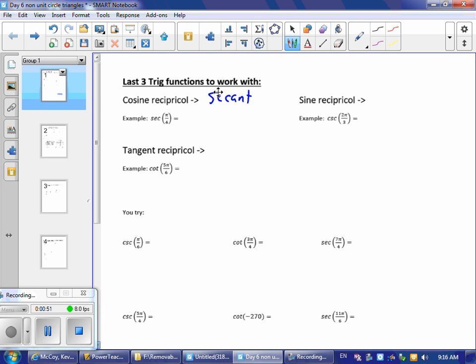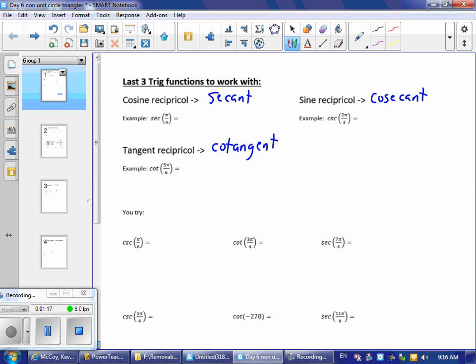They are reciprocals. Sine is the reciprocal of the one which is called cosecant. And then tangent is the reciprocal of cotangent. And really, that's the only one that tends to make sense as far as the words are concerned.